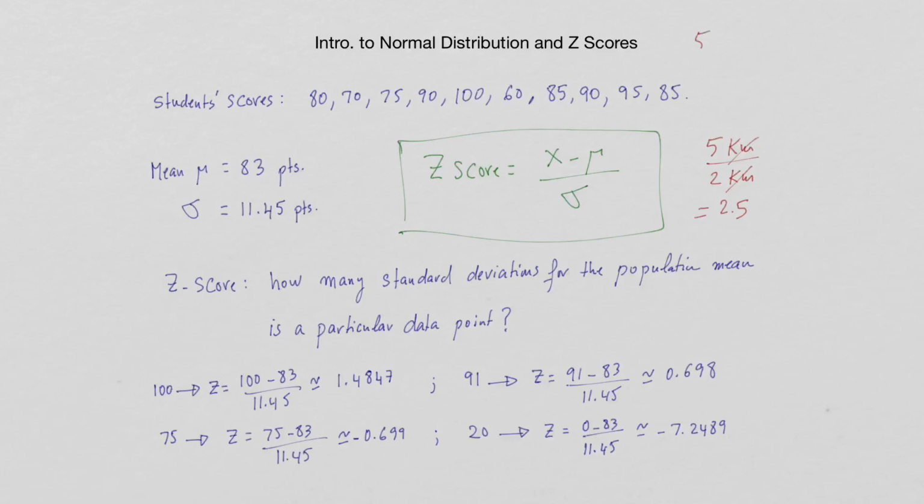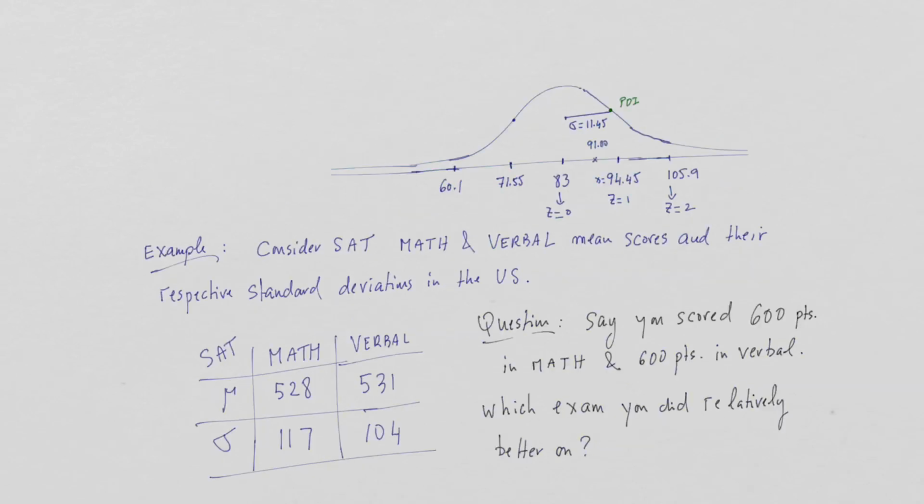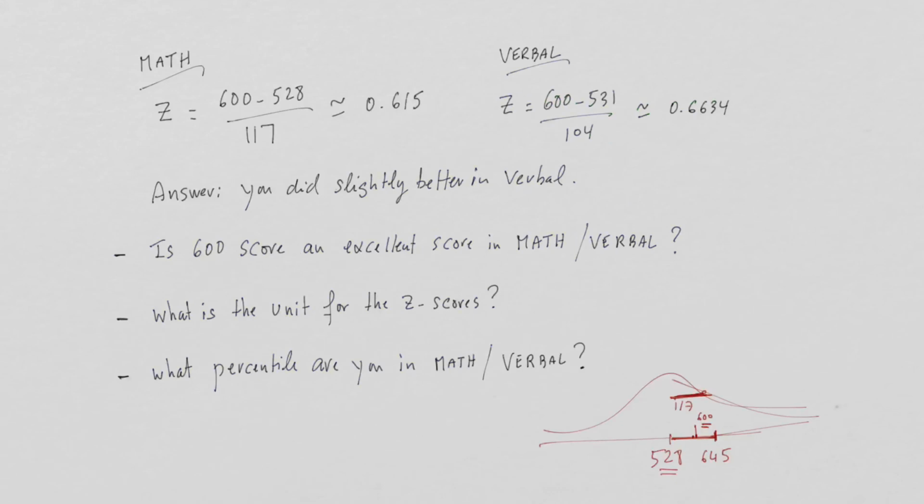But if I have 5 kilometers minus 2 kilometers, it's still 3 kilometers. Don't cancel the kilometer then. So points minus points gives me points, and points divided by points disappears. So whenever you compute the z-score, you should never have units.